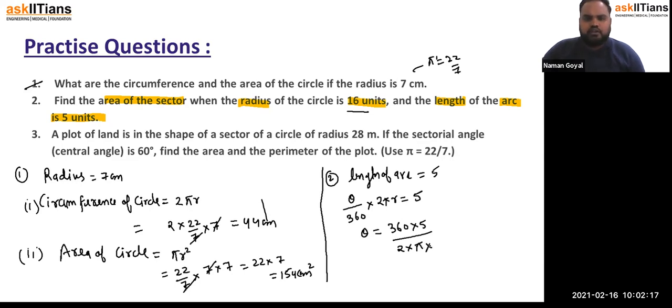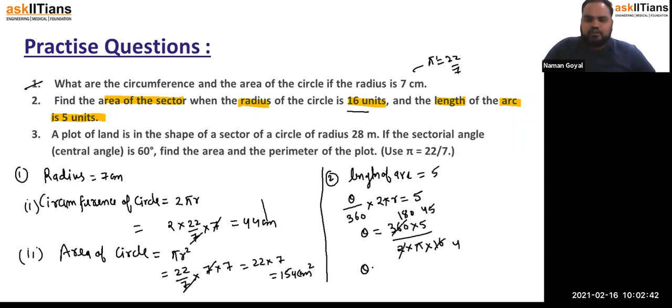Pi into r, where r is 16. So how much do we get when we cancel this out? 180 is cancelled by 2, and by 4 it will be cancelled out. We got 4. And for this one, if we cancel this quantity by 4, we get 45.